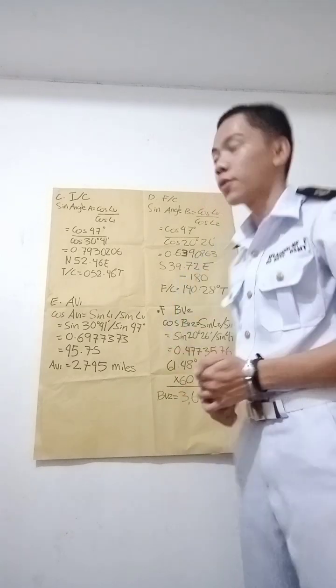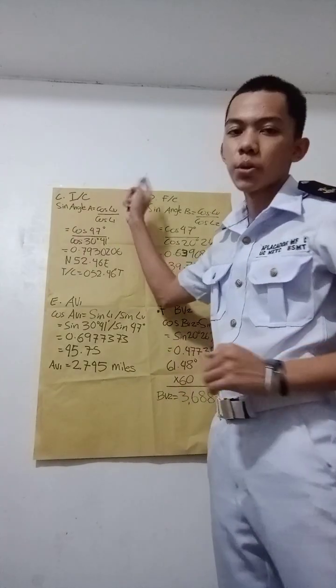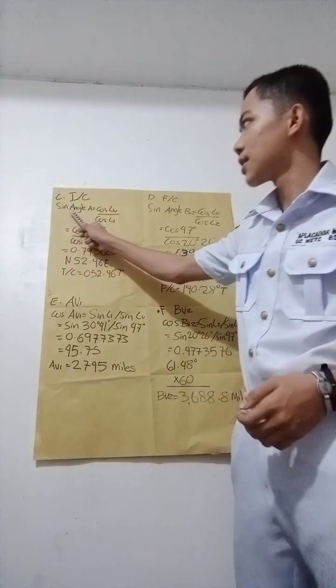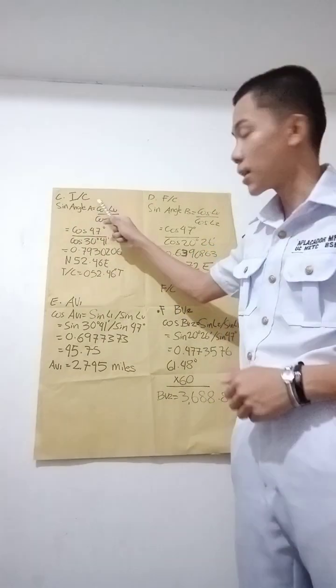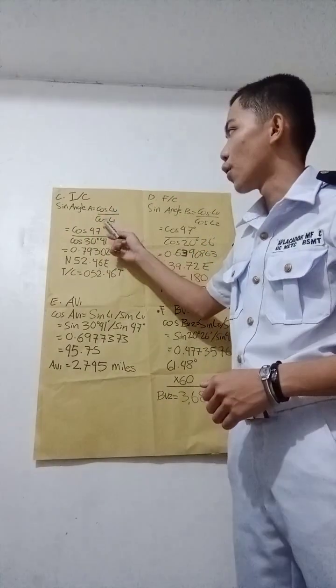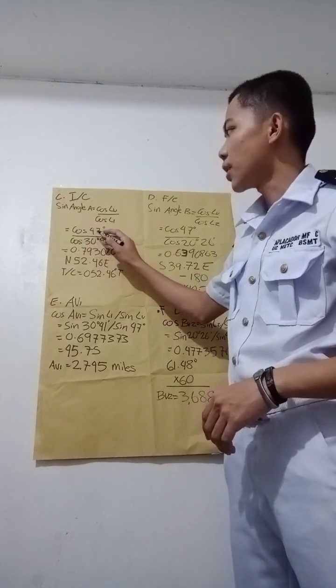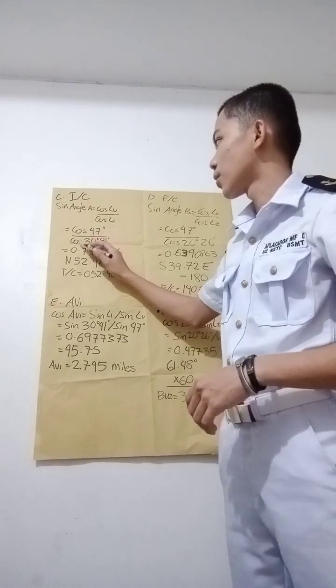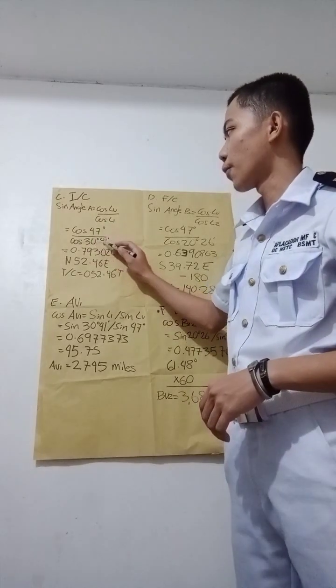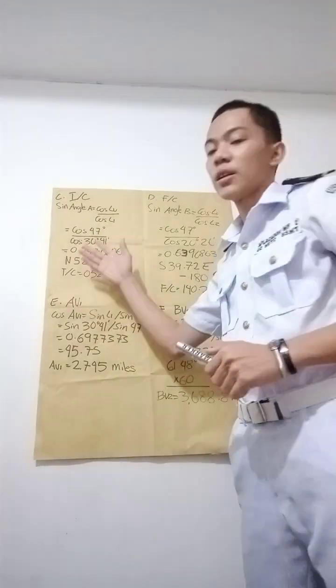So next we need to find the initial course. Our formula is sine angle A is equal to cos LV over cos L1. So our cos LV is 47 degrees and our cos L1 is 30 degrees 41 minutes. So we divide the two.